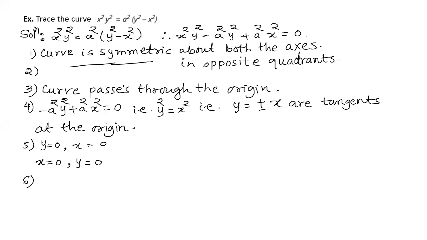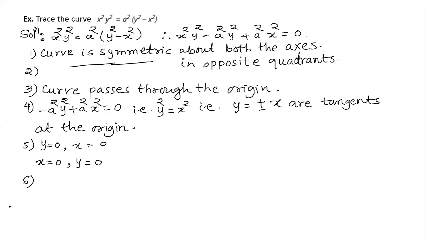To find asymptotes parallel to the y-axis, equate to 0 the coefficients of the highest degree terms in y. The first term has degree y squared, the second term has degree y squared, the third term has degree y to the 0. So the highest degree terms in y are x square y square minus a square y square. Equate to 0 the coefficients of y squares.